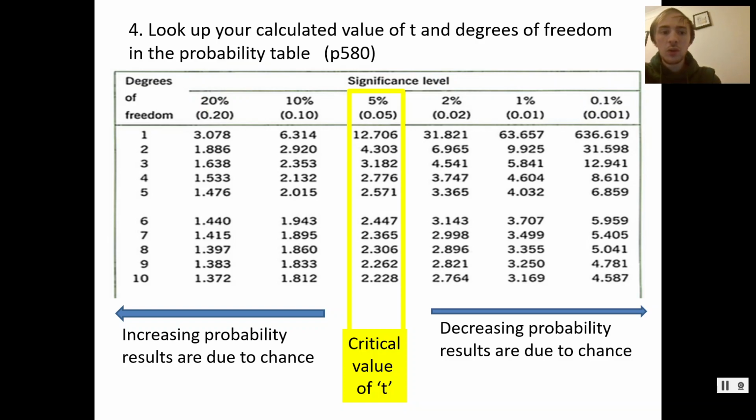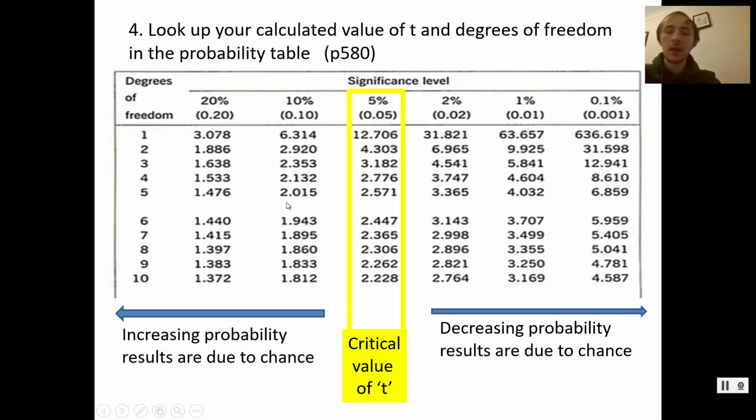So basically these numbers, we're going to use them in a second to work out whether there really is a difference. If we use this column here, these numbers here, then we can say, assuming that we get the correct number, and I'll show you how to do that in a second, that we are 95% certain that there really is a difference.